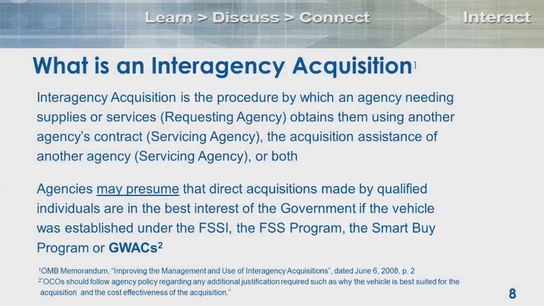What is an interagency acquisition? This is for your definition. It's basically you have the requesting agency needing goods and services, and the servicing agency, which is an agency such as GSA, providing the assisted acquisition. And the second paragraph, this is straight out of the OMB memorandum.